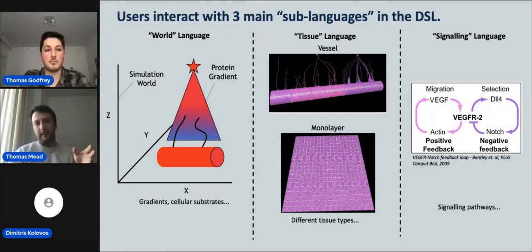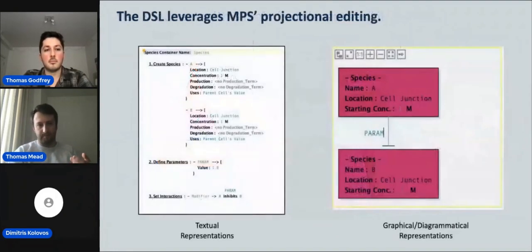So in fact, subdividing this out into three sub-languages has really let us target the specific concerns that you have when writing an agent-based model in this way. And as I mentioned at the start, one of the reasons why we chose MPS for this particular problem was that you can utilize projectional editing to make concepts a lot more familiar to users.